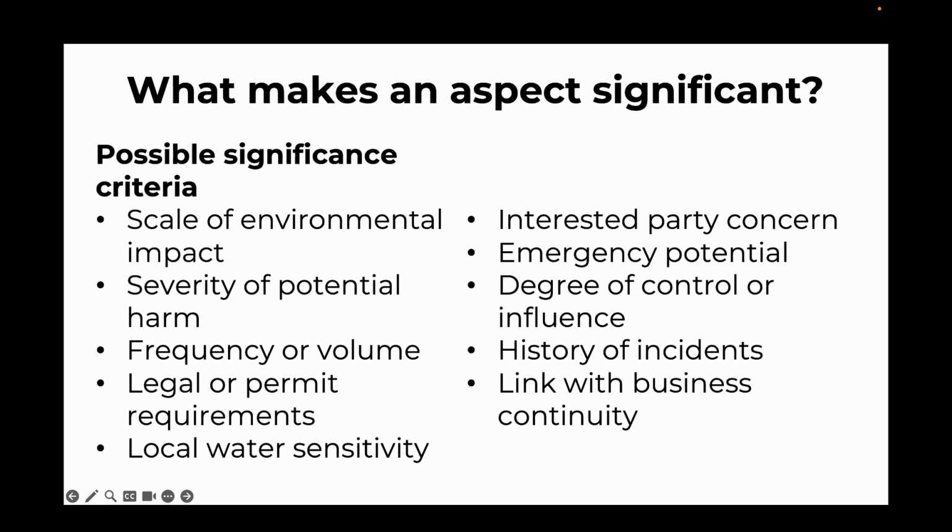It may be significant because interested parties care about it. It may also be significant because the aspect creates business risk. So, for example, water scarcity can affect production continuity. So the determination of significance should connect environmental reality, compliance obligations, interested party expectations, and operational priorities.